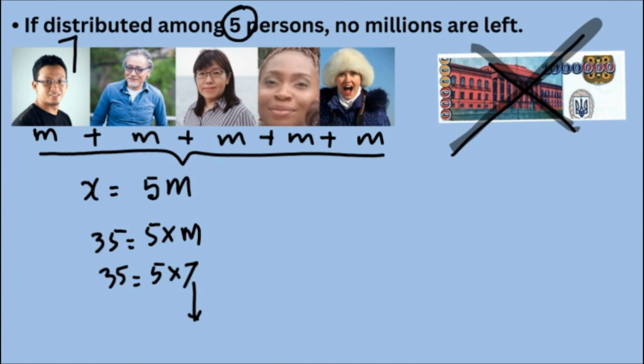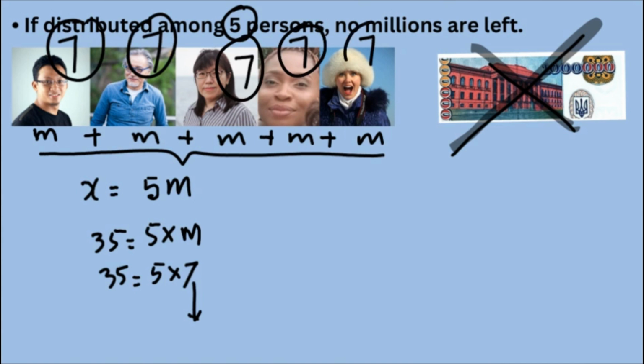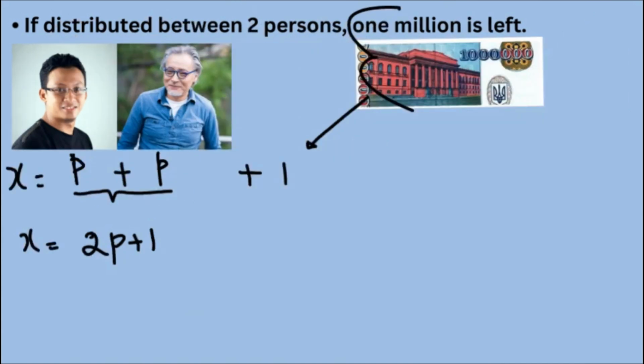So this one would get 7 and the other 7, 14. 14 plus 7, 21 plus 7 is 28. 28 plus 7 is 35. In this case, the amount distributed is 5 sevens, 35 millions. Let's go to the next case.